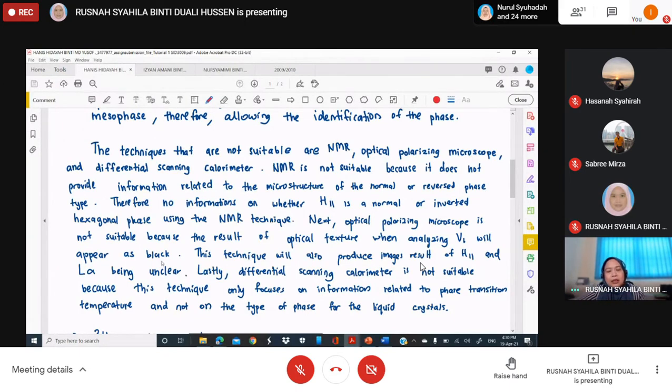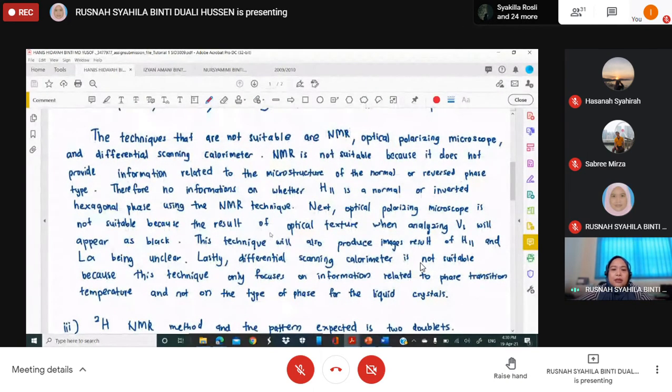As I said, it clearly shows that she understands the question properly and is able to answer accordingly. I would say this is the best answer to explain based on the optical polarizing microscope, relating it with the texture, and also NMR.